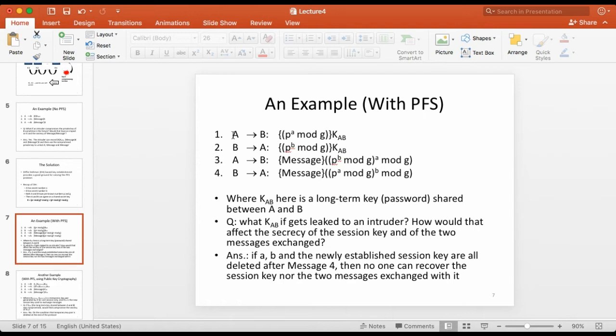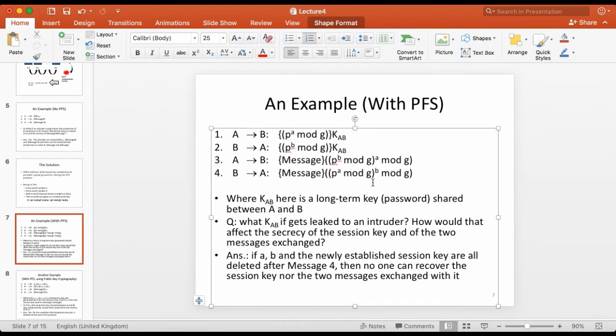Again we have Alice and Bob communicating with each other, and the protocol starts with Alice sending Bob her first Diffie-Hellman computation, encrypted with the long-term key that she shares with Bob.